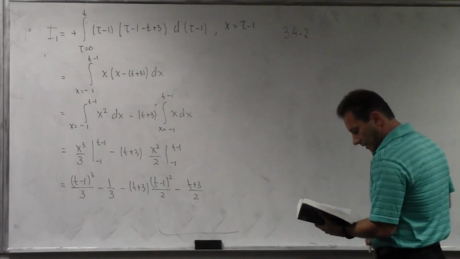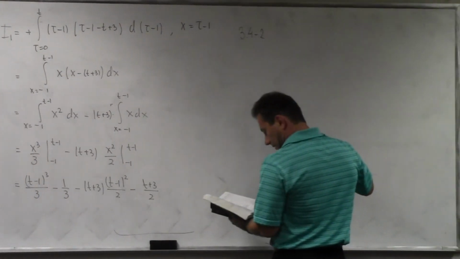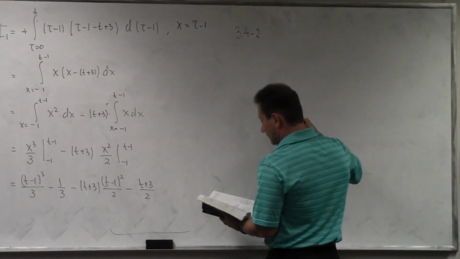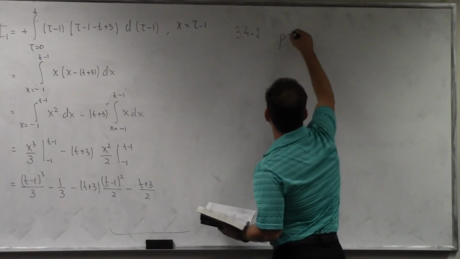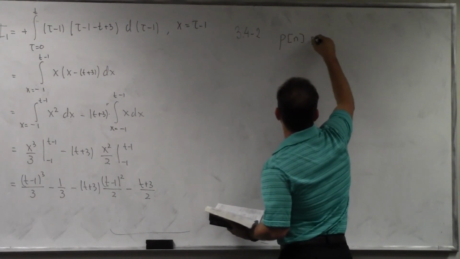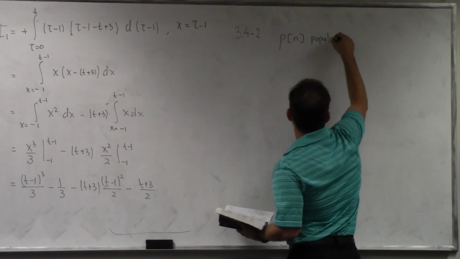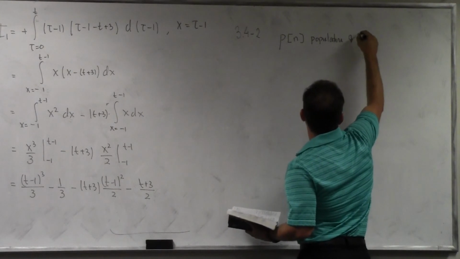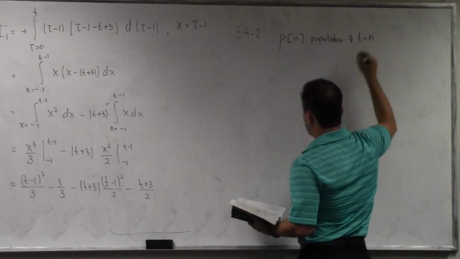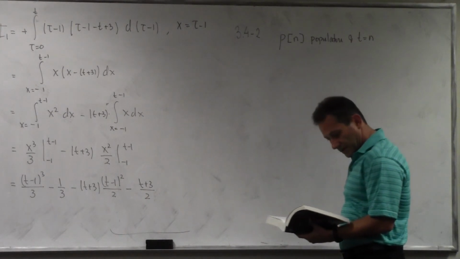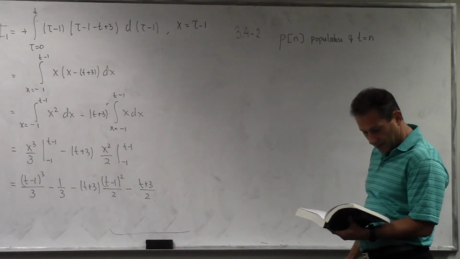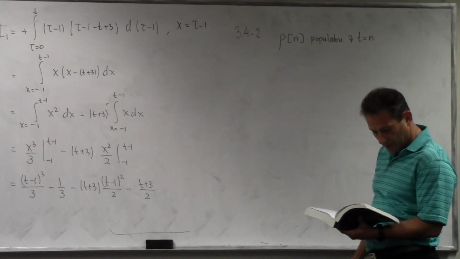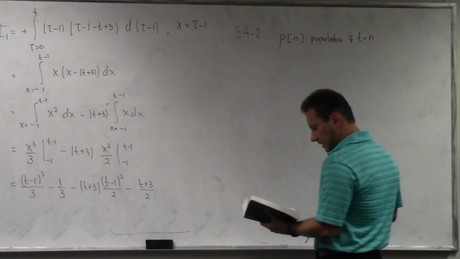It says let P of n be the population of a certain country at the beginning of the nth period. So P of n, population. The birth and death rates of the population during any year are 3.3 and 1.3% respectively.